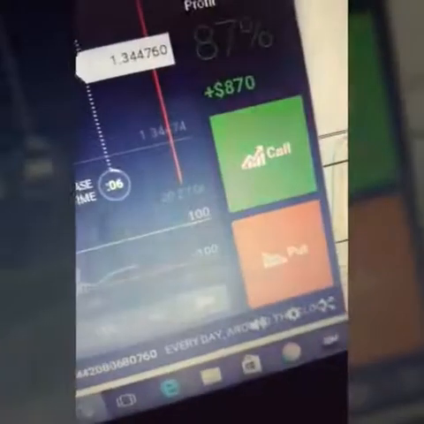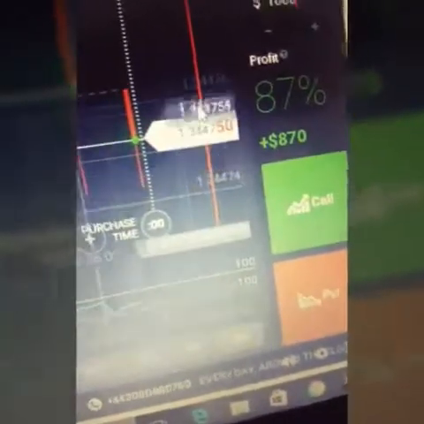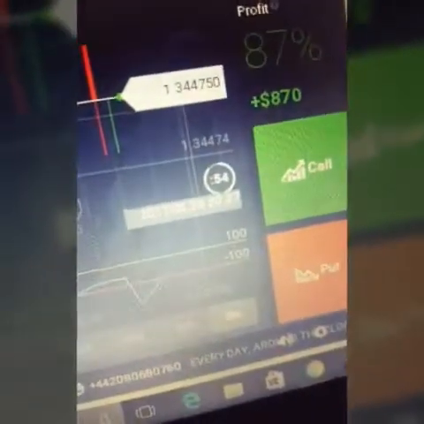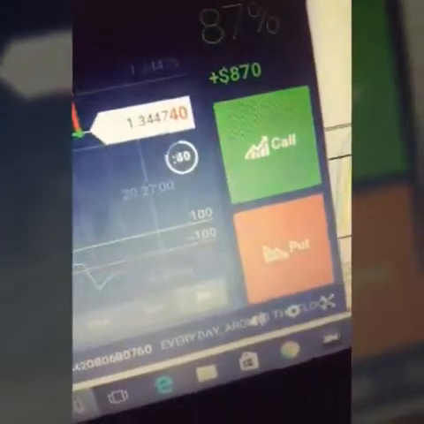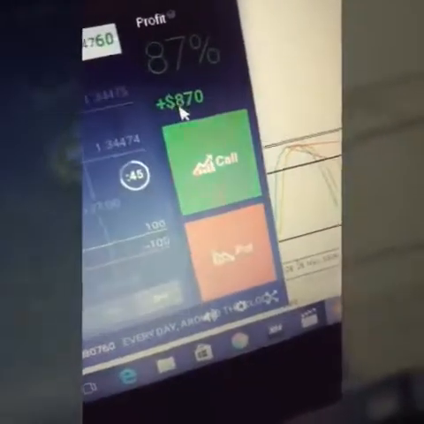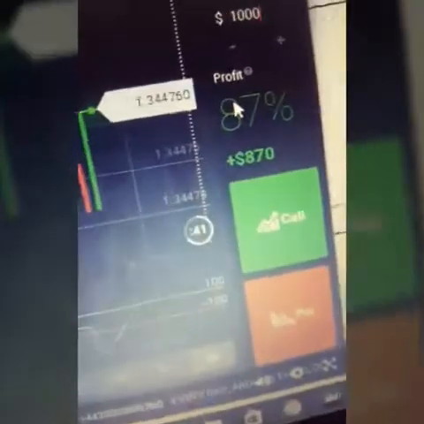Let me just switch that to 5 seconds. If it's higher or lower than the current price in a set period of time, so if it moves in your favor for the next 5 minutes, or the next 2 minutes or the next 1 minute, you will make an 87% profit. So you would gain $870 profit plus your $1,000 back as well.